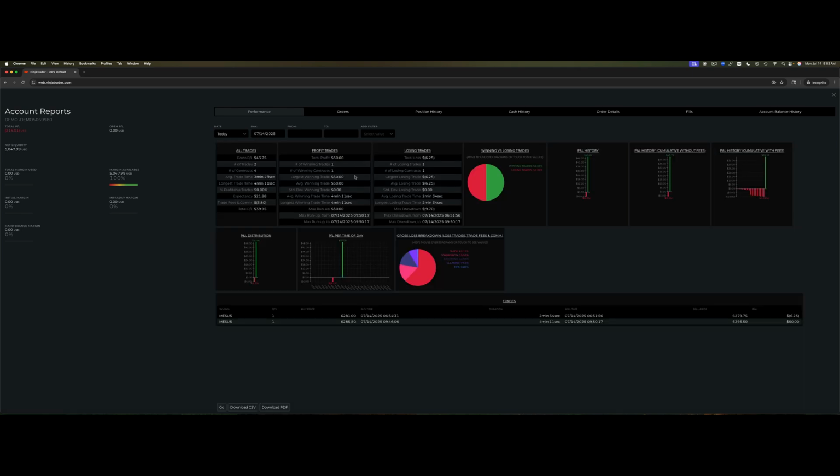What is performance? Oh shit! I didn't even realize this was a thing. So trades today, it's 43.75, I guess if you take out the commission. I'm on the free plan, so the commission is whatever. It was 380 for two trades, so that means I got charged $1.40 for each trade.